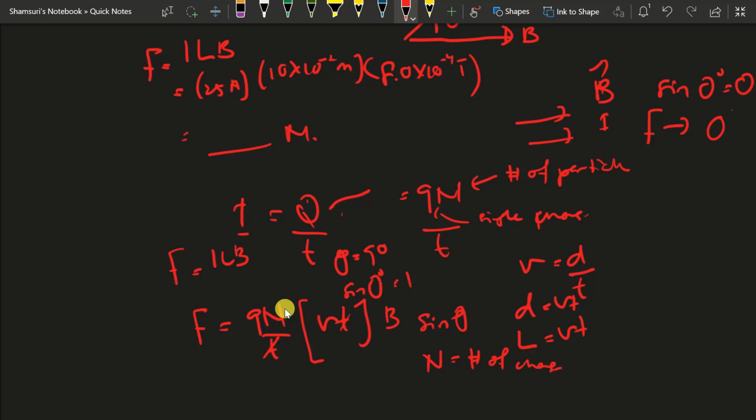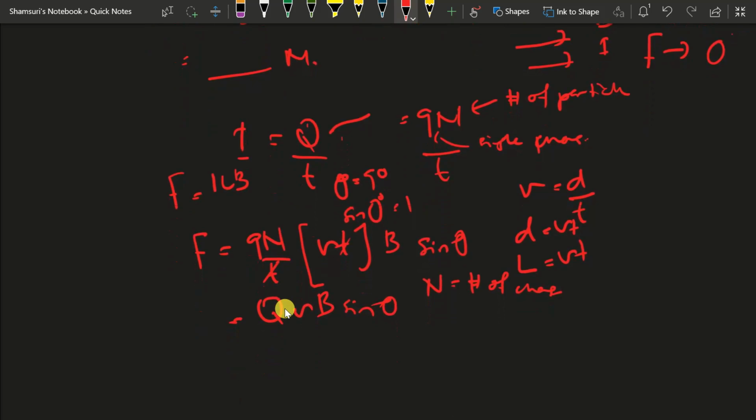So we can have F equal to N Q V B sine theta, or in terms of N, the charge, V, B sine theta for the force.